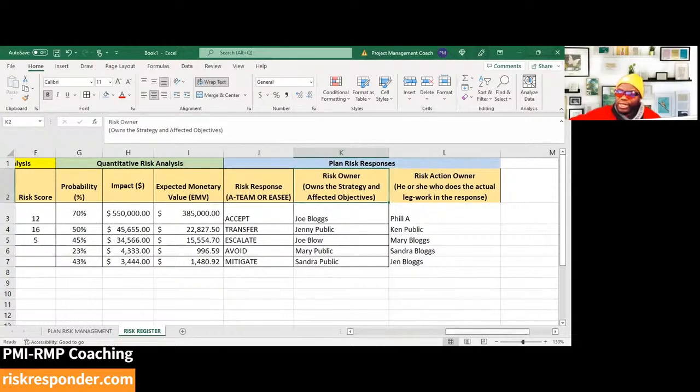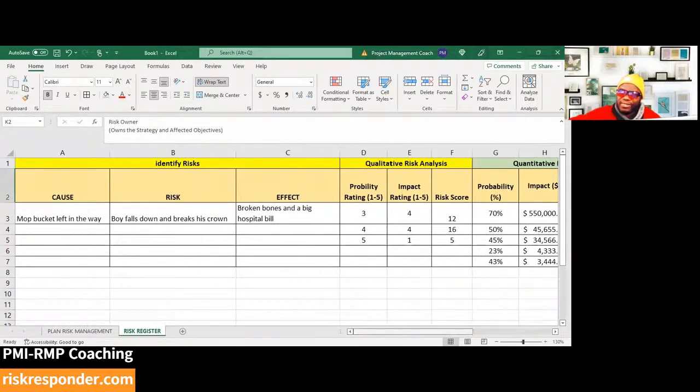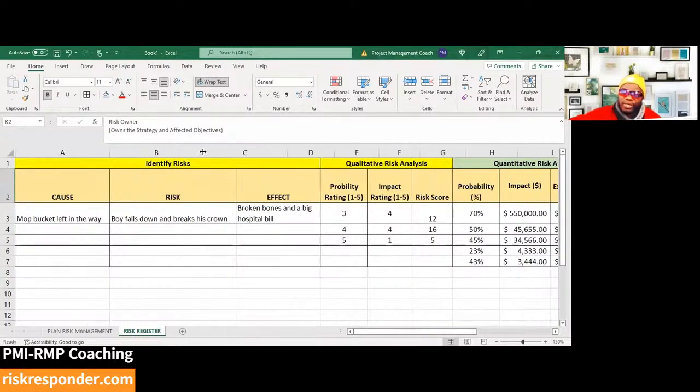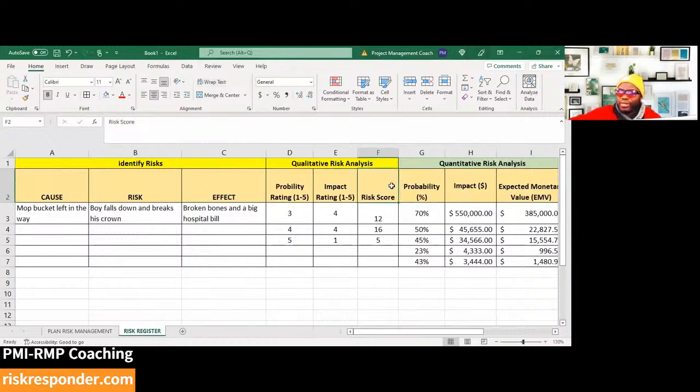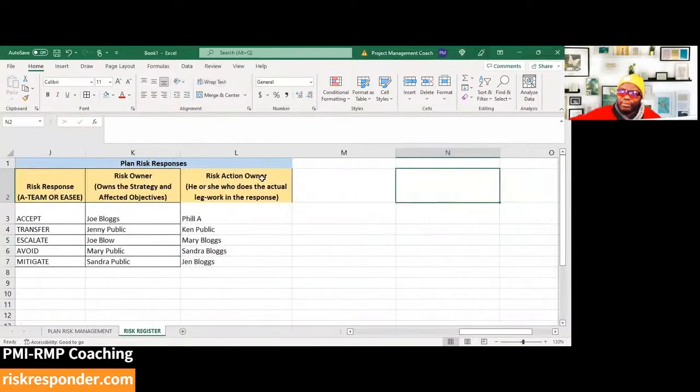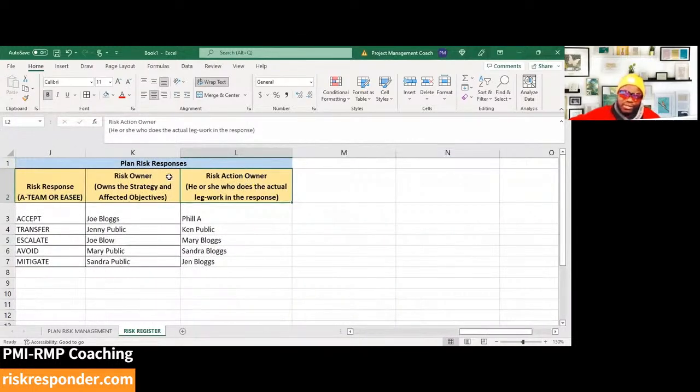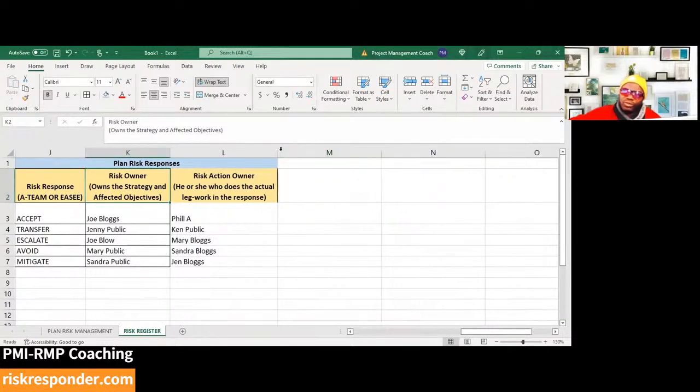It talks about a potential risk owner as early as in the identify risk section. So when you're early on here identifying the risks, just be aware that you very well could be thinking about who the risk owner is very early on. But that's what we do in planning the risk responses.